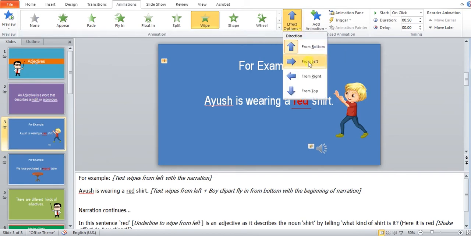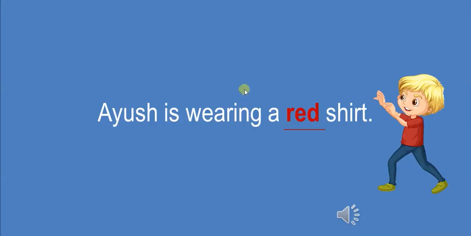Then you select from left, and if you select from right, it will be coming from right. So from left. So now when you check, you can see that it is coming from left hand side. It is wiping from left hand side.